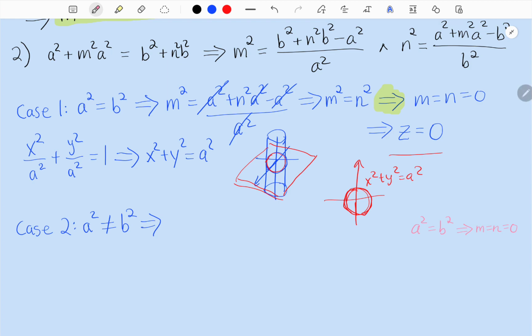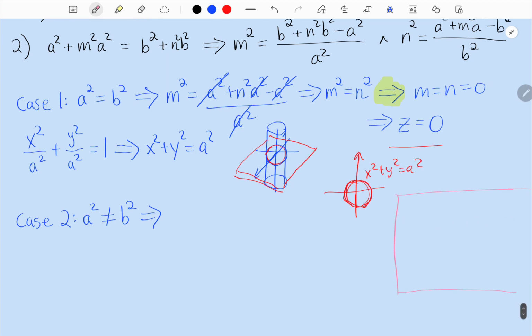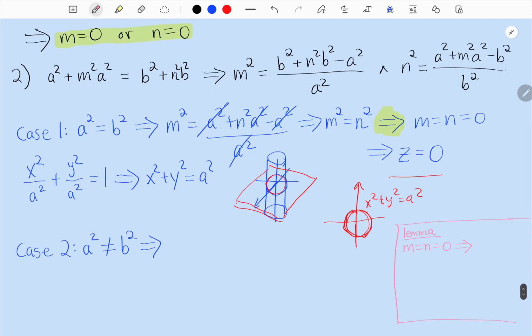There's a little lemma right over here. It's like a subproof. Let's show that if m is equal to n is equal to 0, then a squared is equal to b squared. If m is equal to n is equal to 0, I'll take this formula.